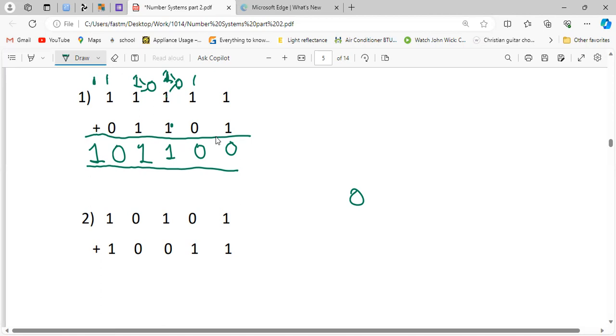So this one here now, 1 plus 1, 0, carry a 1. 1 plus 1 is 0, carry a 1. 1 plus 1 is 0, carry a 1. 1 plus 0 is 1, and then 1 plus 1 is 0, we carry a 1, and 1 plus 0 is just 1.